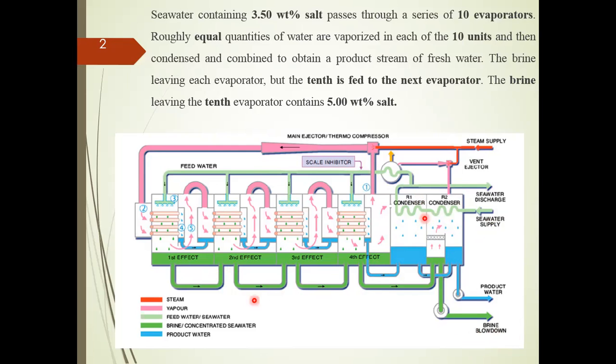This line shows your steam, which is going into your evaporator process, and this line shows your vapors, which are going from above the evaporators. These are water vapors which are evaporating from the evaporators and going away from them.